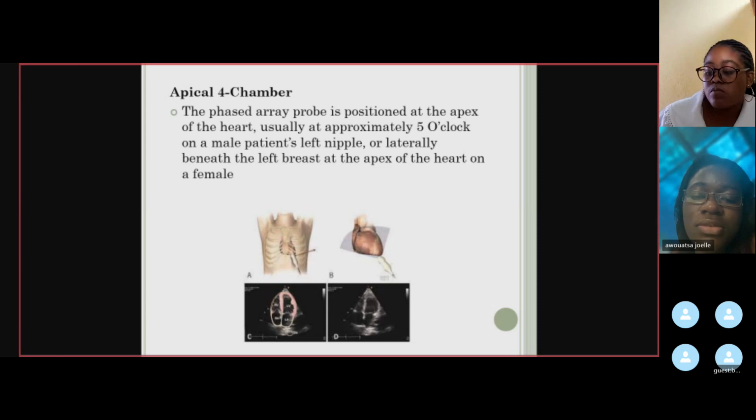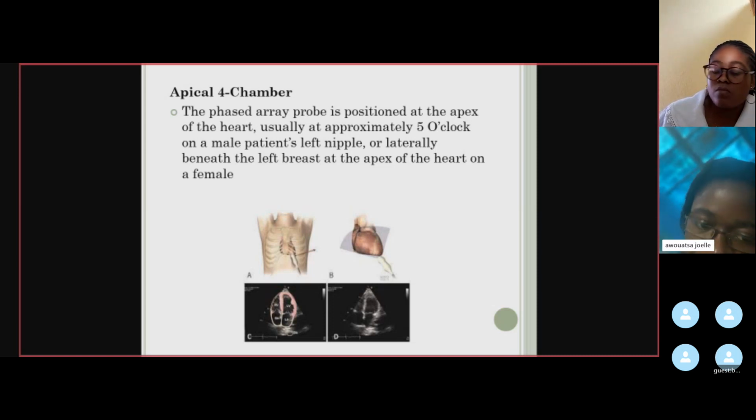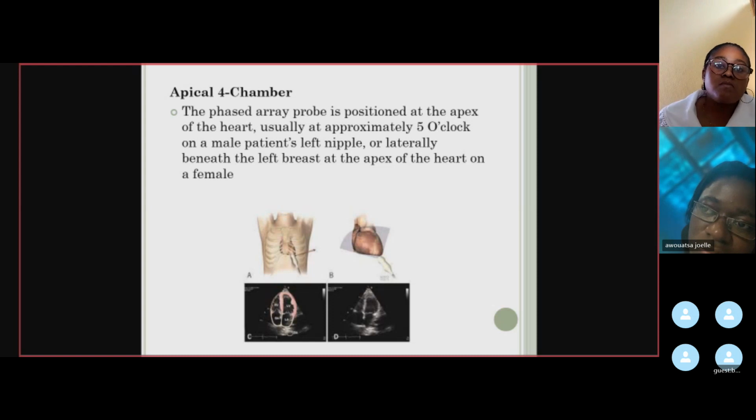So it becomes easier. Just place your transducer on the left side, below the nipple, and try to adjust. So you'll get the apical four chamber view. In females, you have to look under the left breast, below the breast. There you will get the view in females.